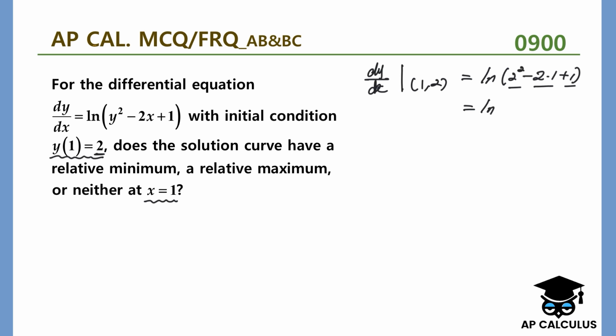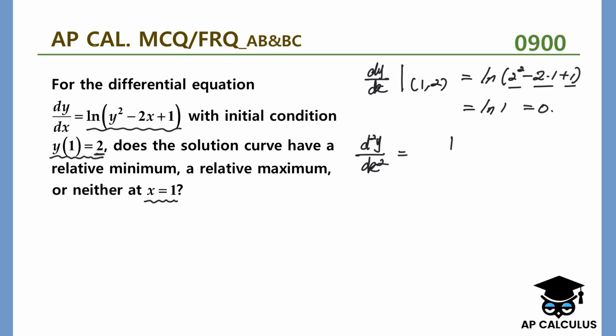So the natural log of 1, which is equal to 0, right? Our first derivative at 1, 2 is equal to 0. What about our second derivative? Okay, our second derivative is equal to, we're going to have to differentiate this equation, right?